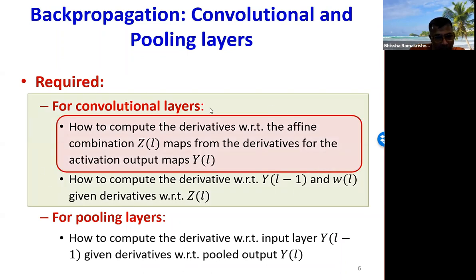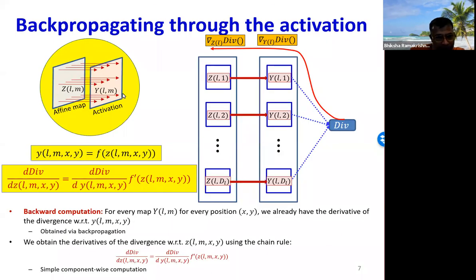First we saw this. We considered convolution layers. In the first step, we looked at how we would compute the derivatives with respect to the affine maps Z, given the derivatives with respect to the activation maps. And this was very simple. Within each layer, you get a collection of affine maps obtained by convolution over the previous layer. Then the activation maps are obtained by pointwise application of the activation function.